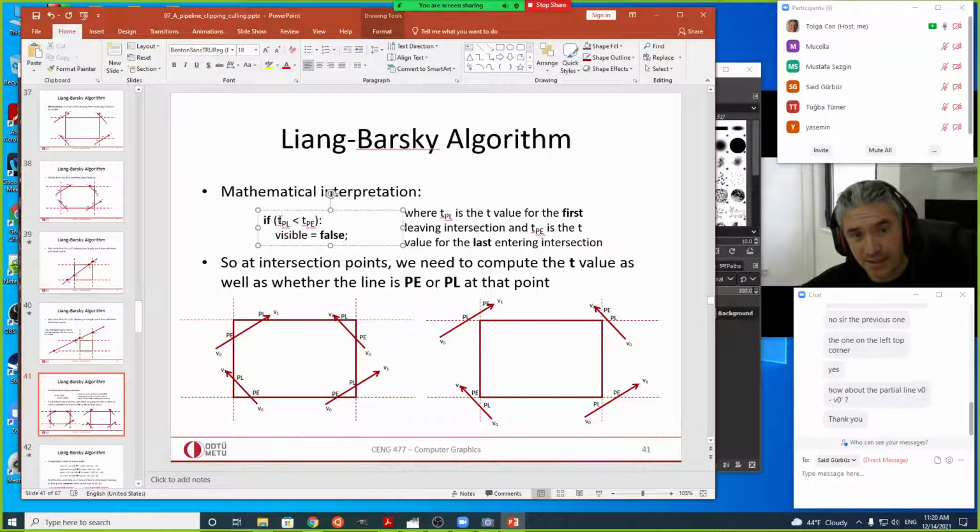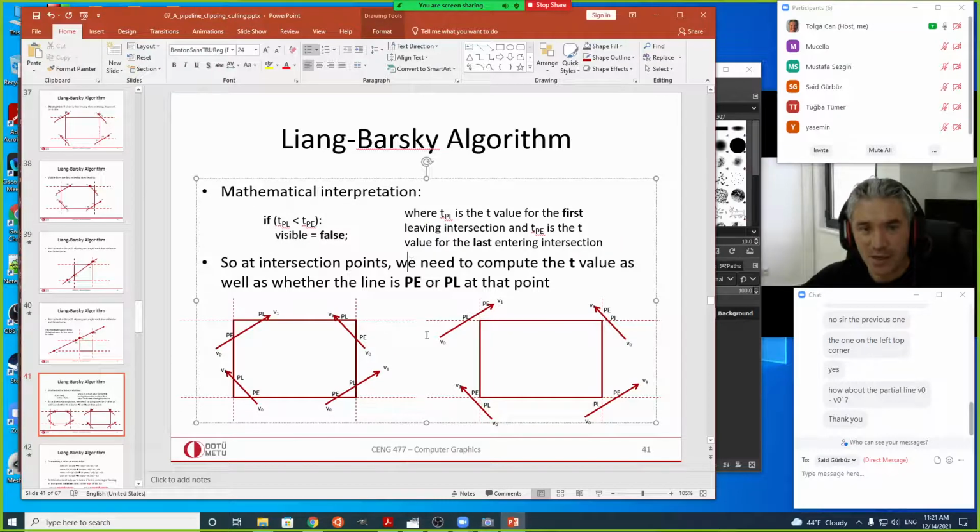It's saying that the leaving occurs before some entering event. If the t value of a potentially leaving event is less than that of a potentially entering event, we can trivially reject this.